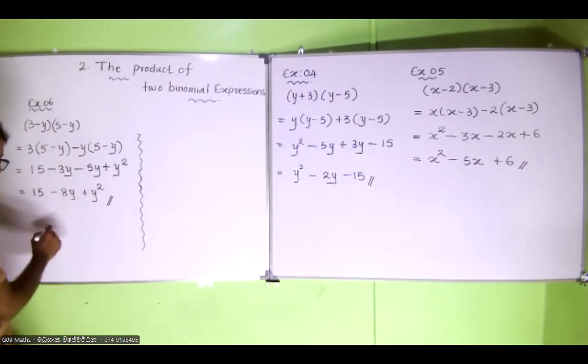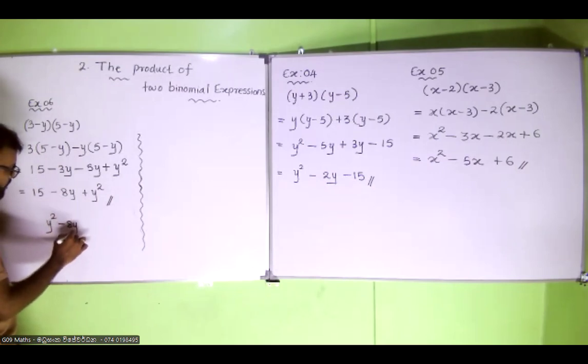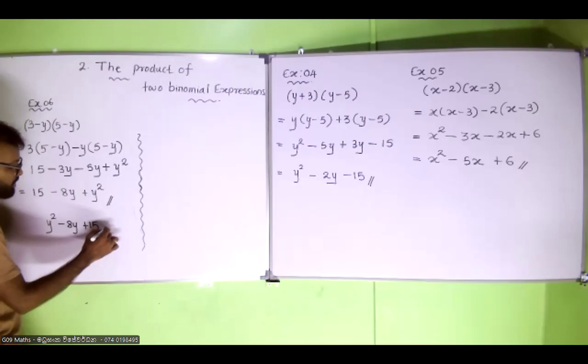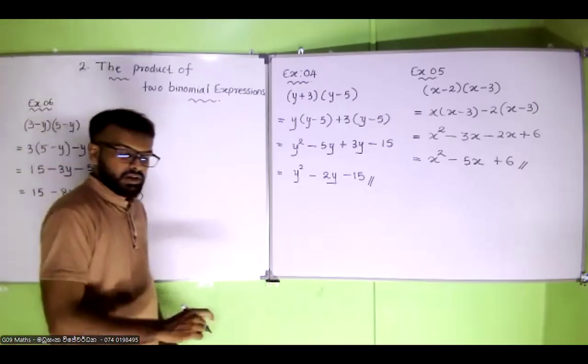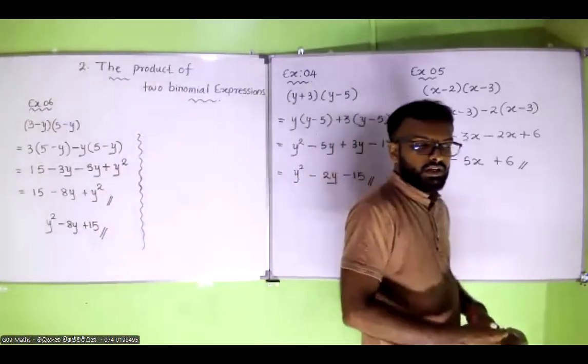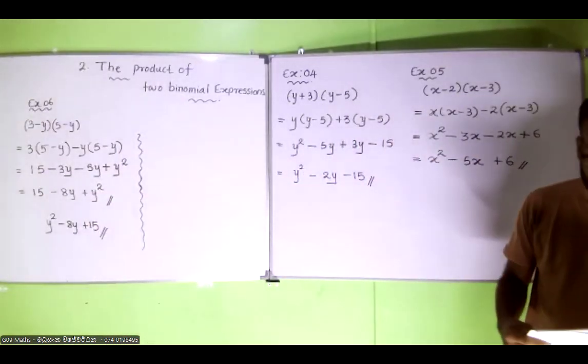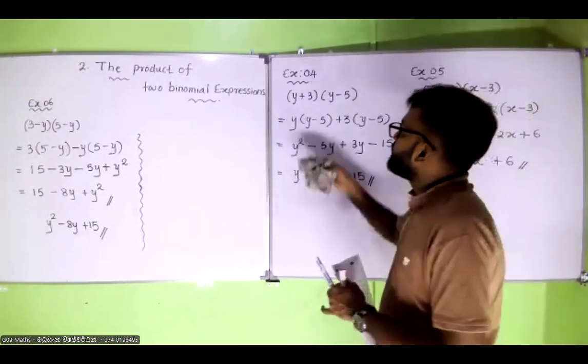You can arrange this as positive y squared, minus 8y, positive 15. This is also correct, right? Doesn't matter. Okay. So now I will do example number 7.